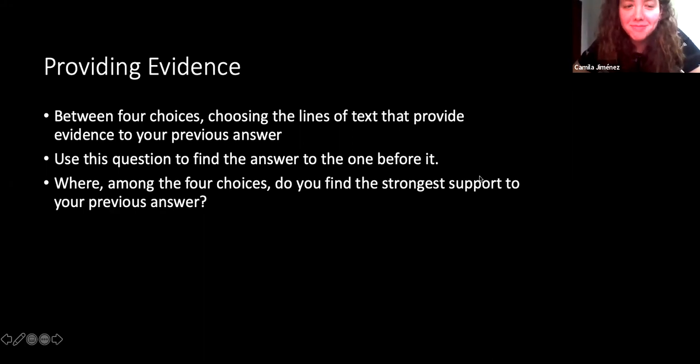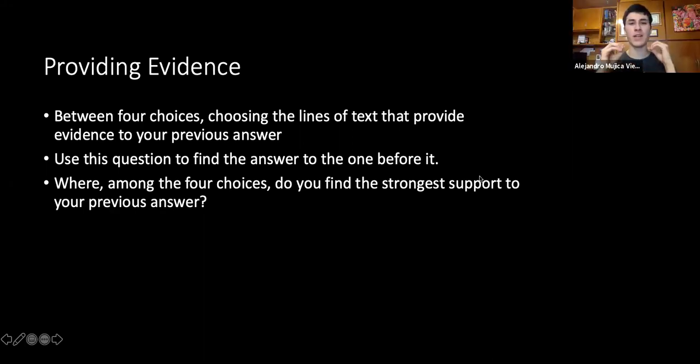I mean, yes. Look, I'm going to illustrate it clearly. A providing evidence question will give you A, B, C, and D, and each of those choices will be a number of lines, like line 10 to 12, and it'll give you the word where it begins and the word where it ends. And one of those 4 choices will provide the evidence for the answer to the previous question. That's for sure.